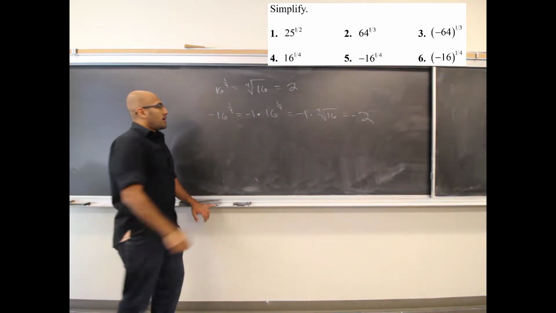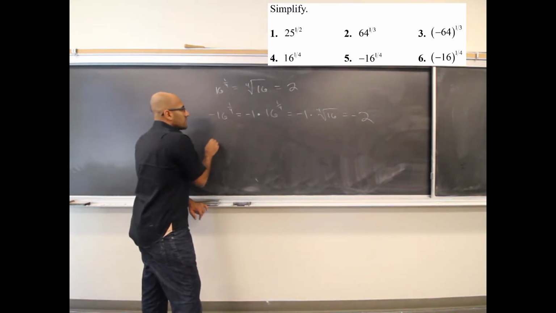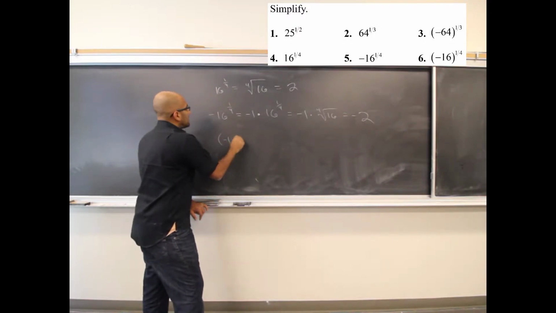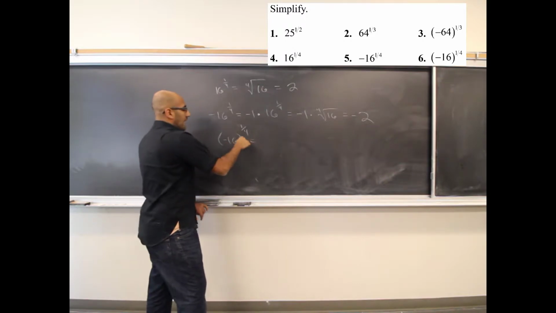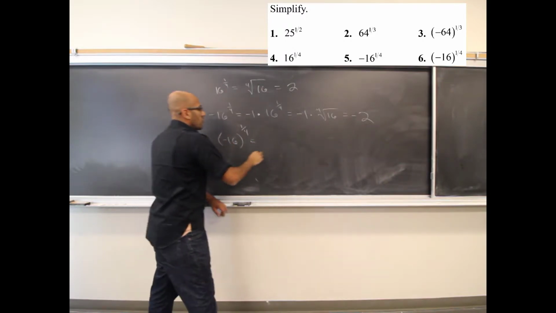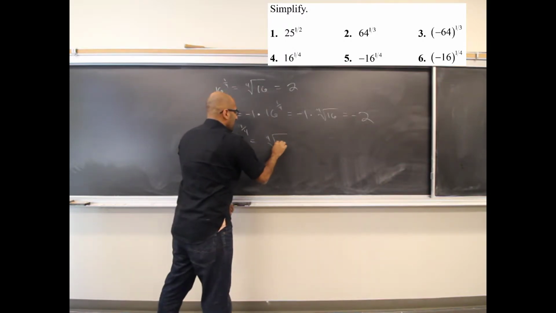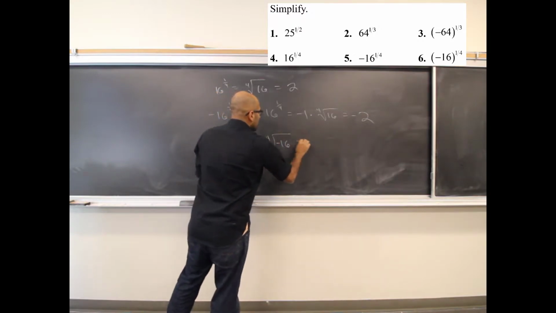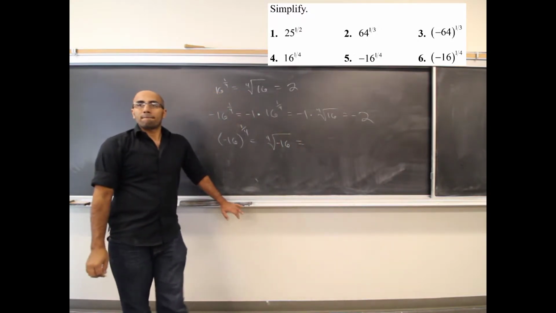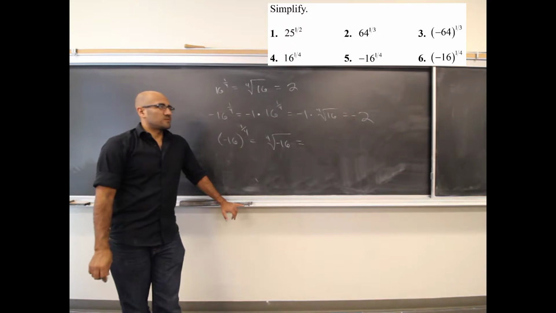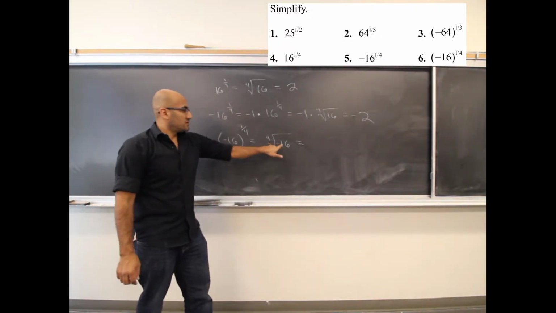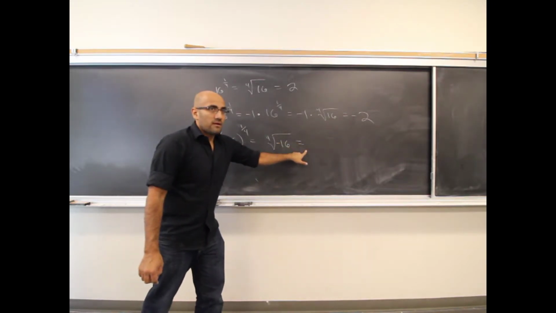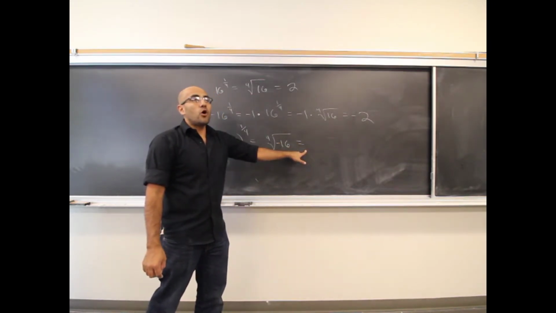Okay. What about the next one? What about negative 16, in parentheses, to the power of 1/4? Now the 1/4 applies to the whole thing. This is the 4th root of negative 16, and this equals... even root, negative number, imaginary solution, right? No real solution.